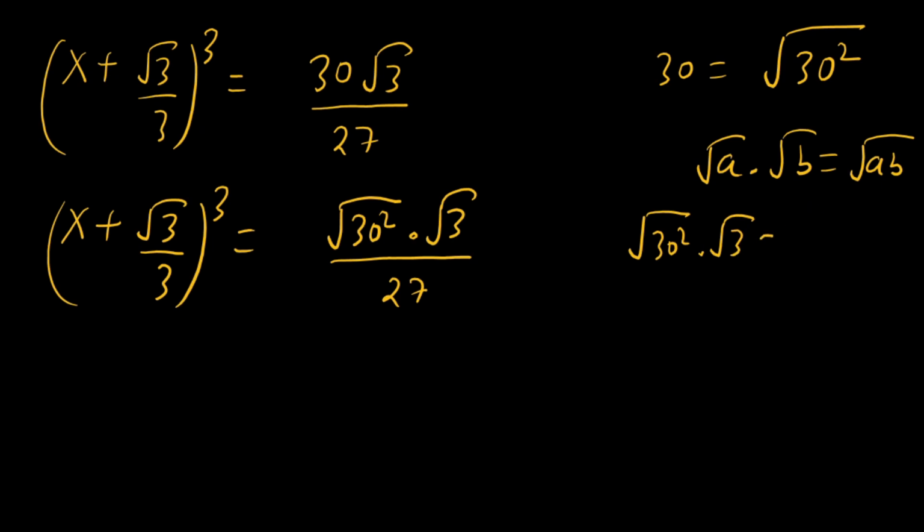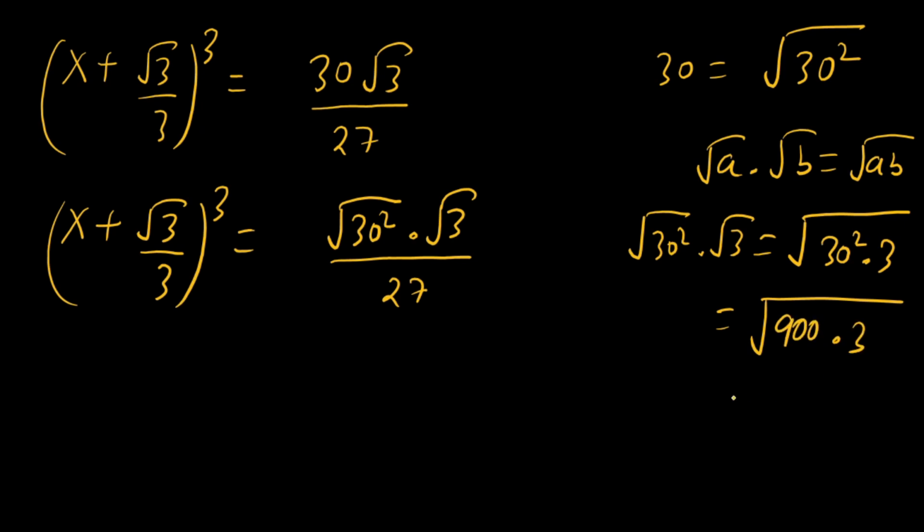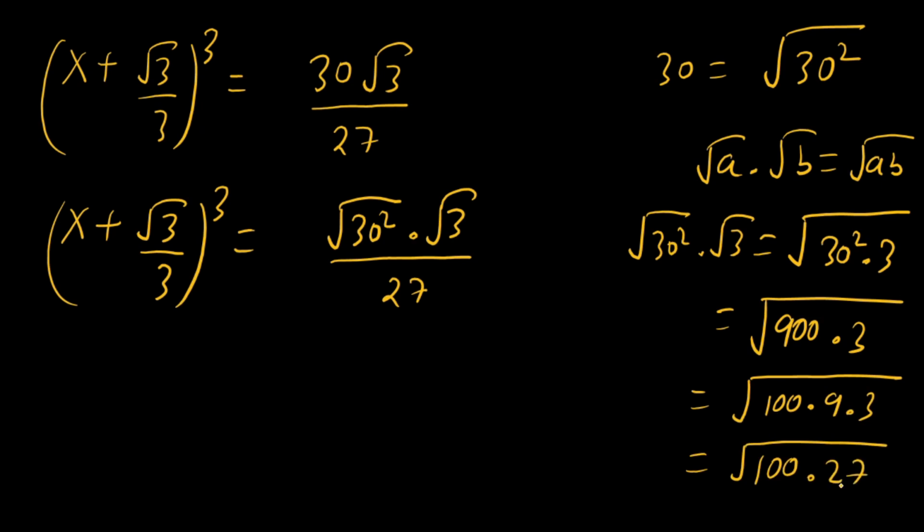If we apply this rule, we get √(30² times 3), and 30² is 900 times 3, and this 900 is the same as 100 times 9 times 3. Then the square root of this is the same as 100 times 27.